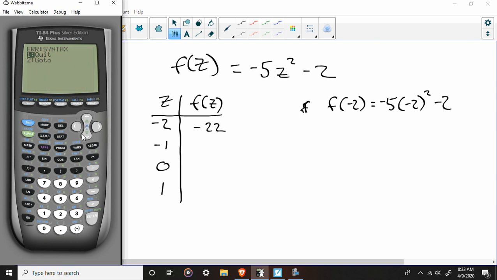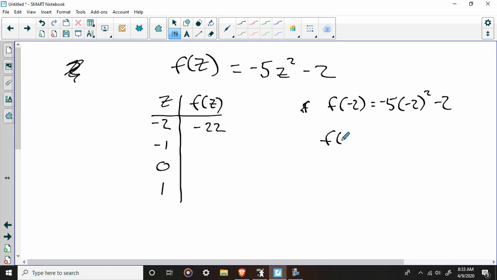Even if we put the multiplication sign, if you put this -2 without the parentheses, it's going to give you the wrong answer, okay? You need to make sure your things are inside parentheses if you're going to use the calculator. So again, if you want to use the calculator, that's fine. I'll do the next one by hand just to show you guys what you should be doing.